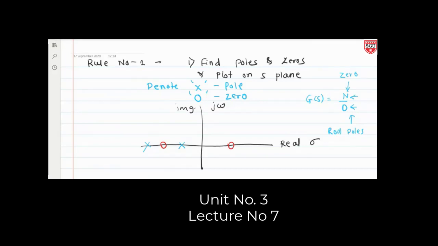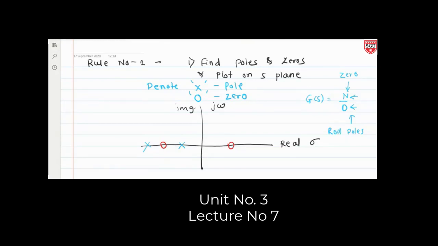For that, we have to use another method to determine absolute and relative stability and to design a system, using the root locus method. In the root locus method, K plays an important role, which is nothing but gain. We have seen in Routh's criterion how to find the values of K when the system is stable. That K varies between some limits, and we have to find those limits.